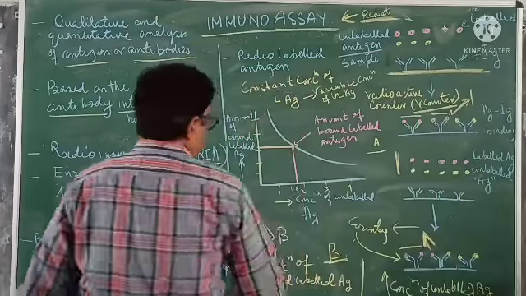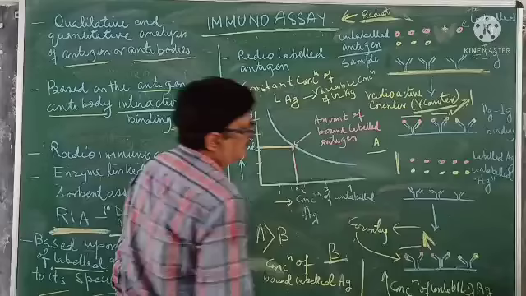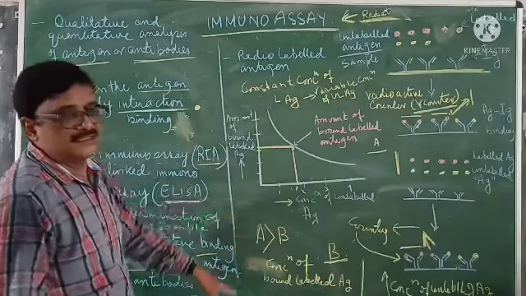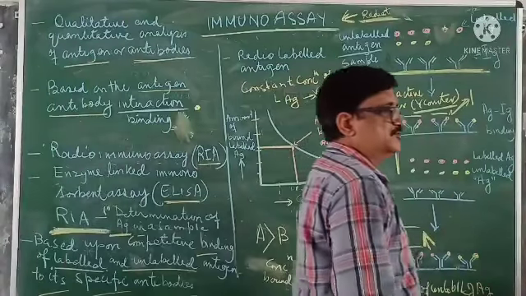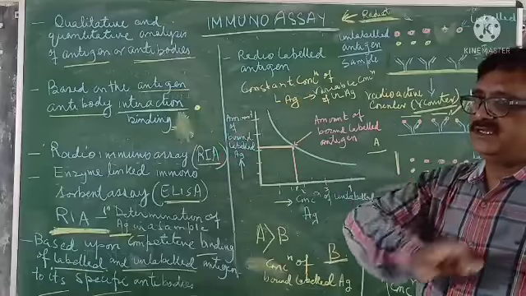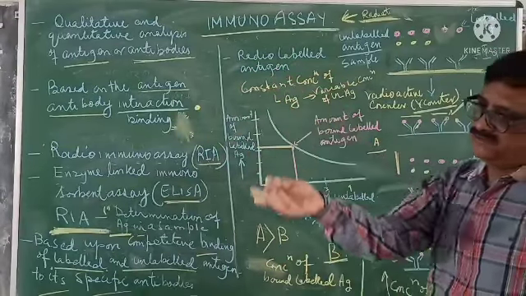So as the concentration of unlabeled antigen increases, the concentration of labeled bound antigen will decrease. At each step, when the concentration of unlabeled antigen is gradually increased, the concentration of bound labeled antigen will decrease.